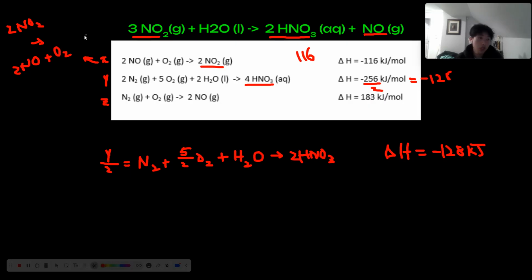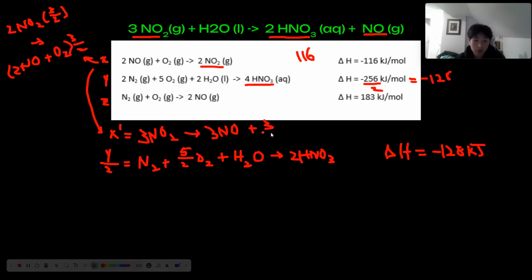I also want to get the NO2 to have 3 moles. So what we can do is multiply the X by 3/2, which will give us the 3 moles. If we multiply this whole expression by 3/2 right here, our final equation for X, which I'll label as X prime, will be 3NO2 will yield 3 moles of NO plus 3/2 moles of O2.